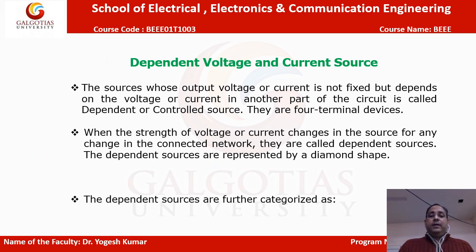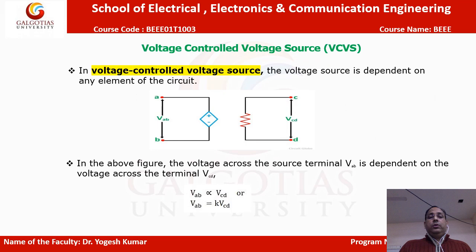Now the dependent source can be further divided, as I told you, first the voltage controlled voltage source. That you can see here. Both are dependent on each other, so we can write VAB is proportional to VCD, or you can say VAB is equal to K VCD. K is nothing but a constant.